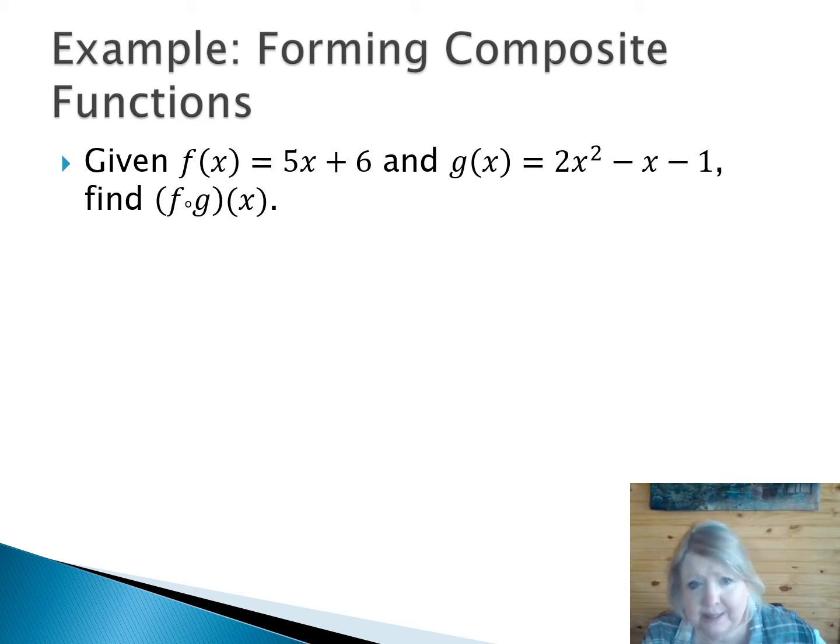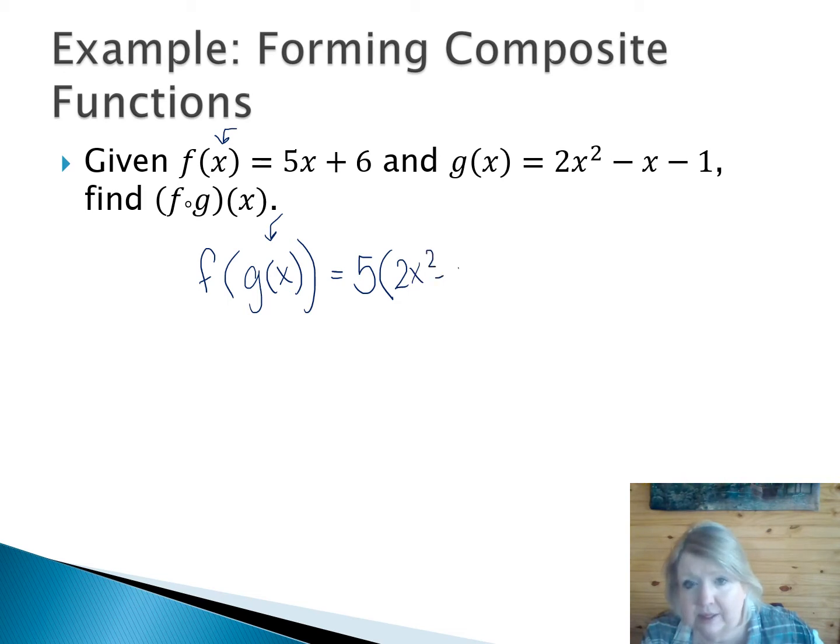But to do the composition, f composed with g of x is to say f of g of x. Now if you'll notice, what's in this parentheses is what's taking the place of x. So I'm going to substitute the function g of x in the place of x for f. f was 5 times x plus 6, so it's going to be 5 times g of x, which is 2x squared minus x minus 1, plus 6.